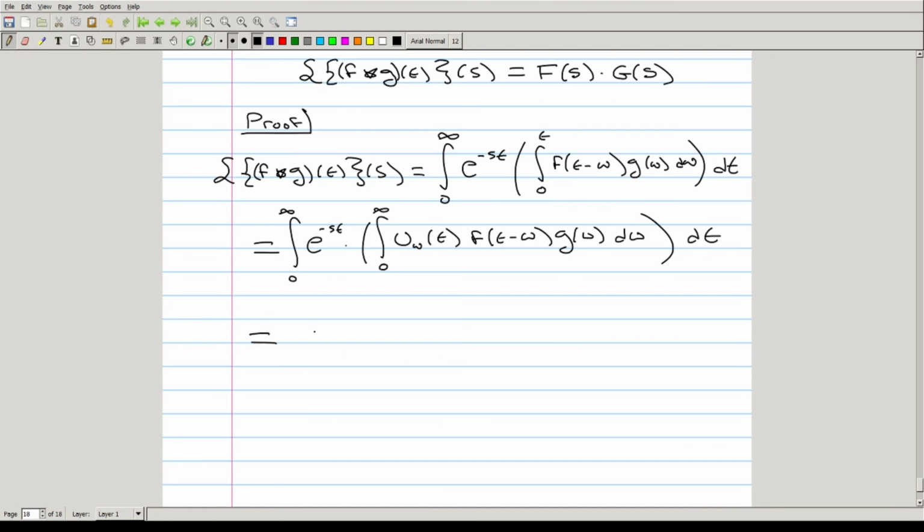Which is the same thing as the integral from 0 to infinity, integral from 0 to infinity.